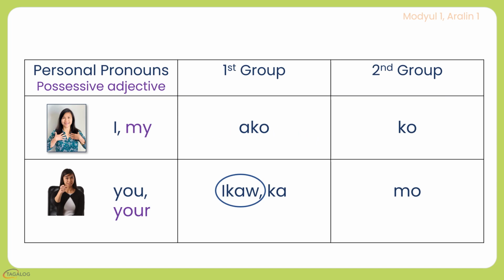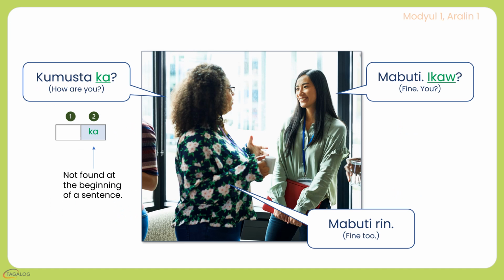Here's another table of personal pronouns with the pronoun ikaw. Ikaw is generally found at the beginning of a sentence, whereas ka is found at the end. Here is an example of a dialogue. Kumusta ka? Mabuti. Ikaw? Mabuti rin.